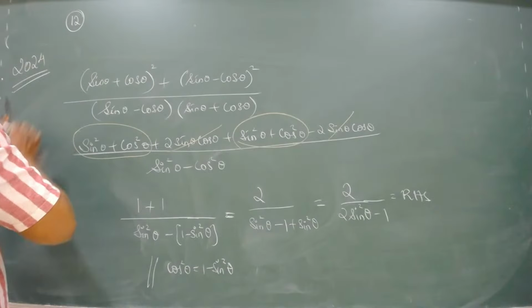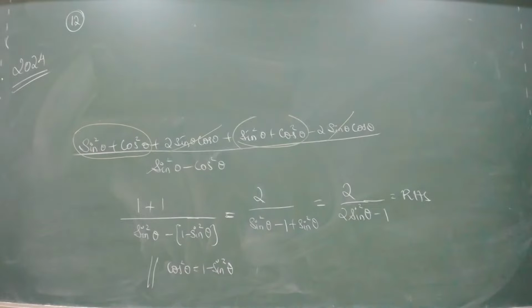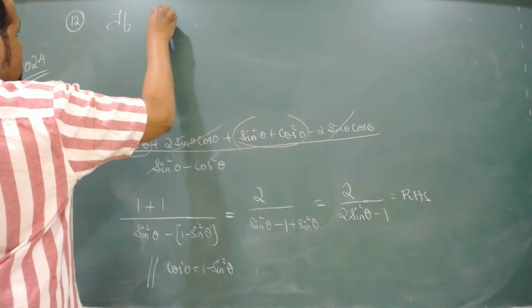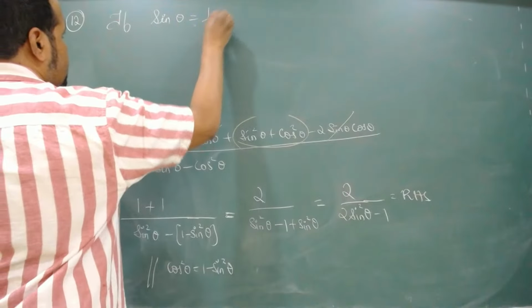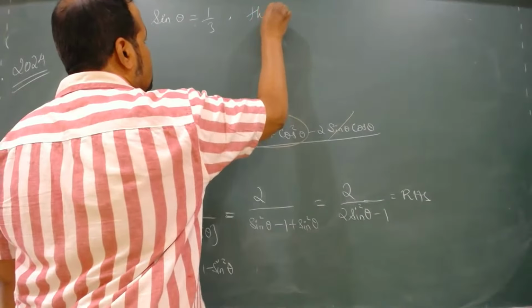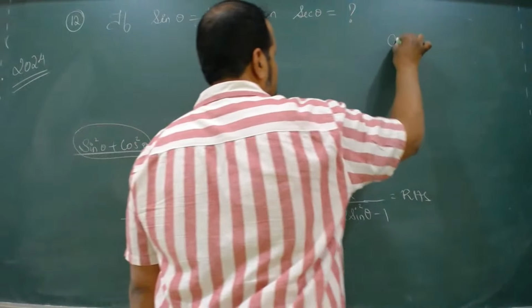Question number 12, based on the year 2024. A simple question. If sin theta is equal to 1 by 3, then sec theta is equal to how much?